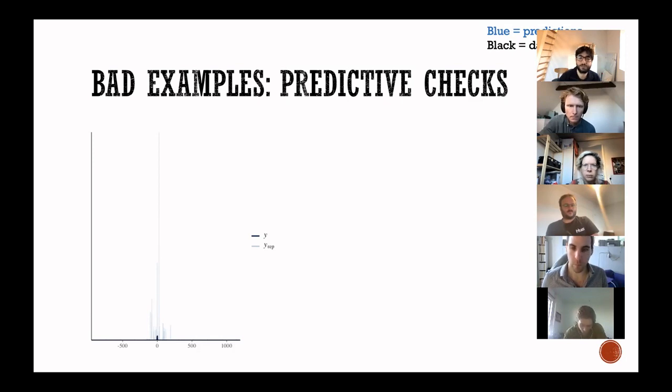The simulations from the model go all the way from -500 to 1,000, while the data is solidly at 0. Right. So basically, what this is telling us is that from the priors only, we expect outcomes in a really unrealistic region.